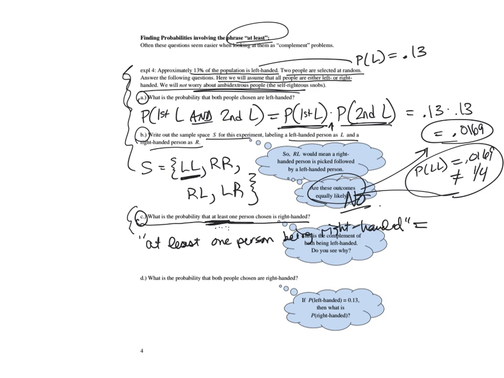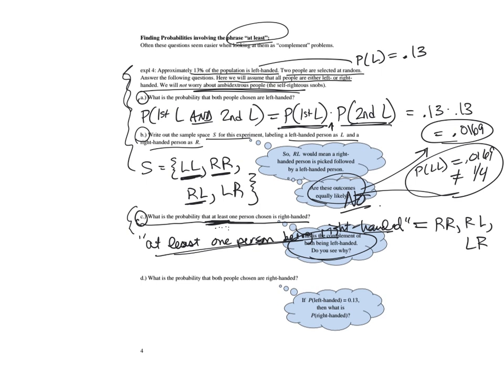Does that include the outcome LL? Is at least one person right-handed? No, it doesn't. Does it include the outcome RR? Yes, it does. The outcome RR has at least one person being right-handed. Does it include the outcome RL? Why, yes, that event does include RL, and it includes LR. In fact, it includes all of the outcomes that are not LL.